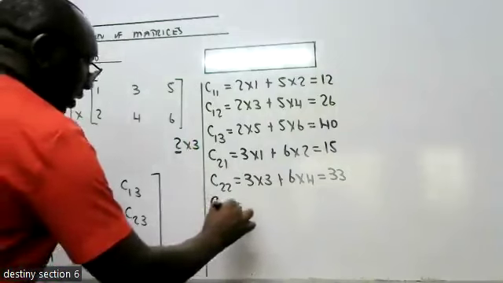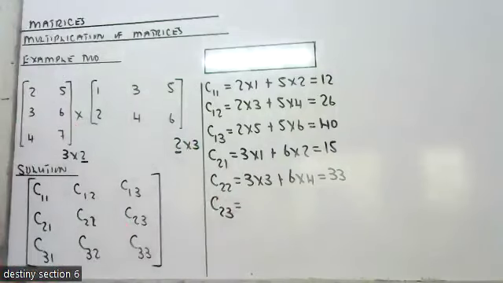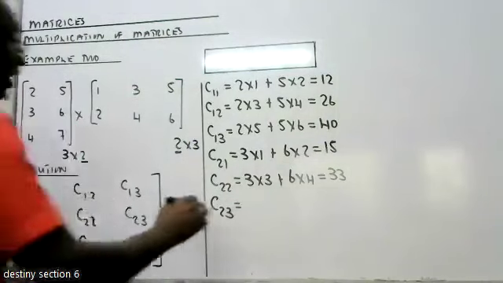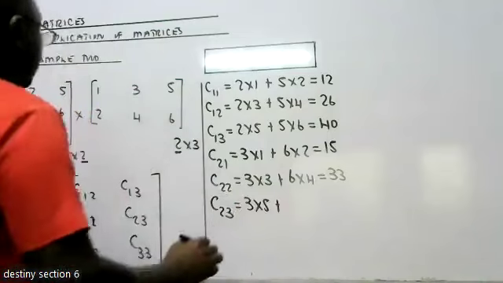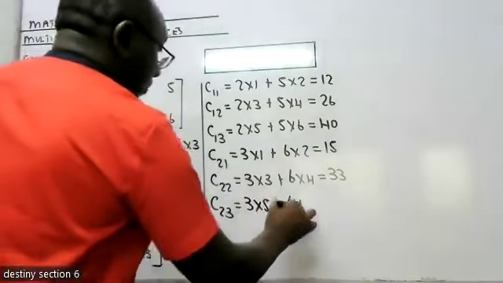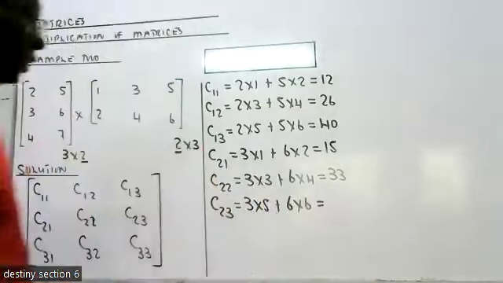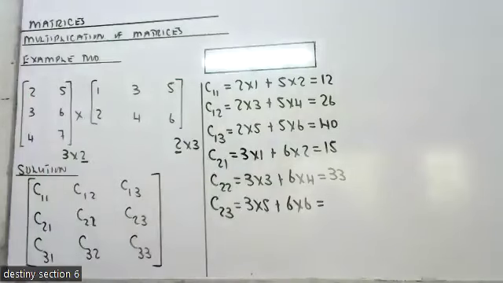C23 will be the second row, third column. 3 times 5 plus 6 times 6 is 51.